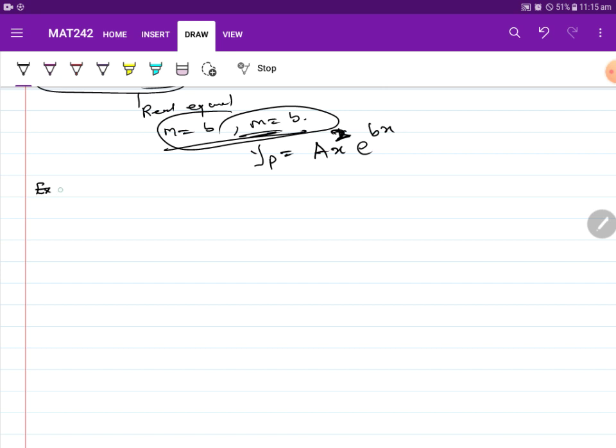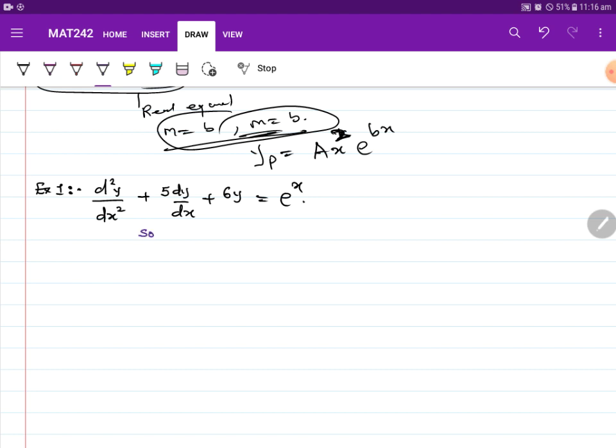Example 1. Solve d square y over dx square plus 5 dy dx plus 6y is equal to exponential x. Okay, now look at this question.